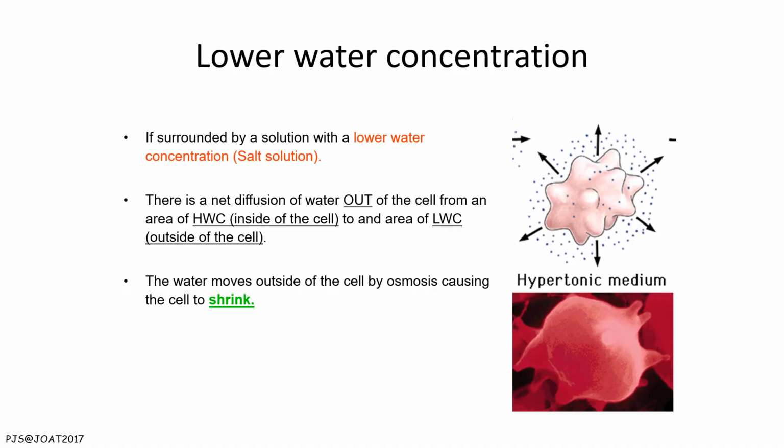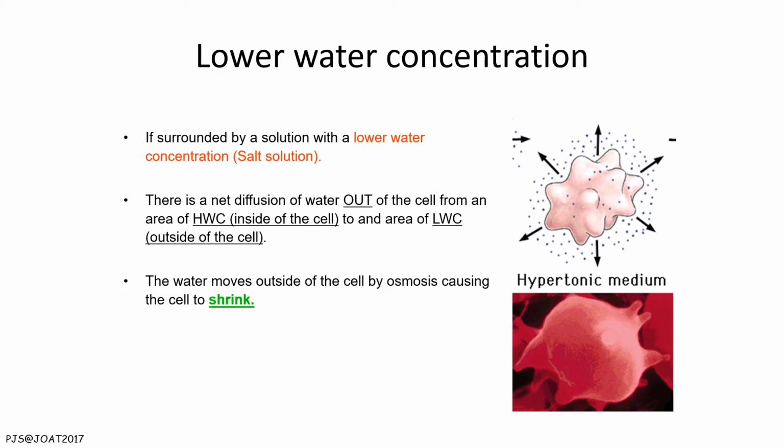So if we change the solution, and put our animal cell, like a red blood cell, into a lower water concentration this time, lower water concentration means that there's a lot of solute in it. It could be sugar, glucose, or sucrose. If surrounded by a solution with a lower water concentration, a salt solution for example, there is a net diffusion of water out of the cell, from an area of high water concentration inside the cell to an area of low water concentration outside of the cell.